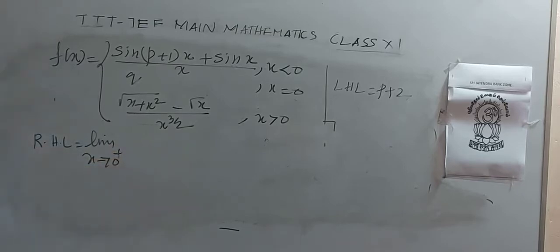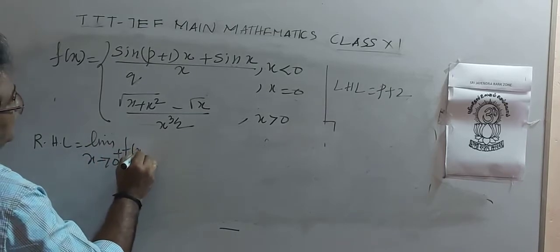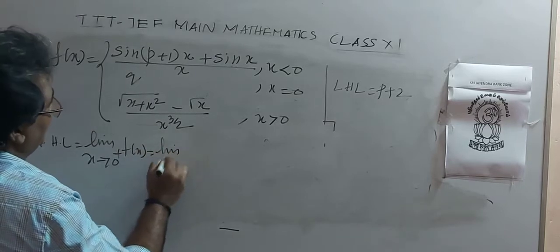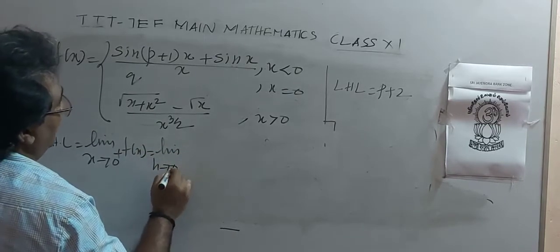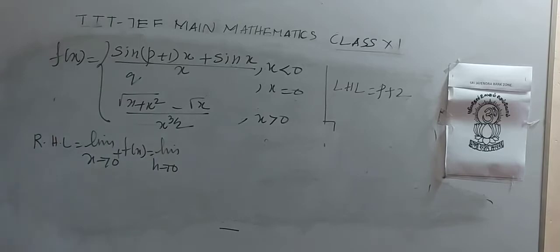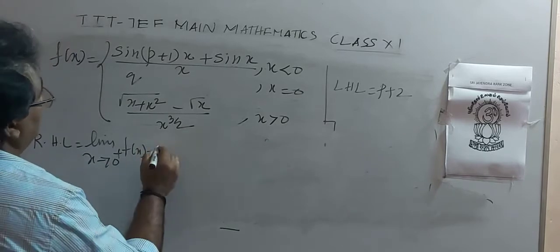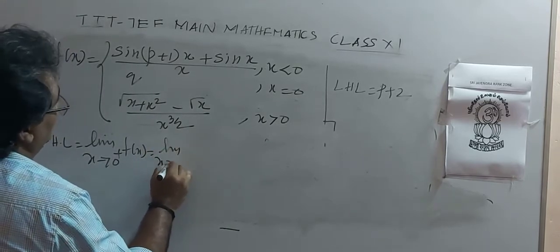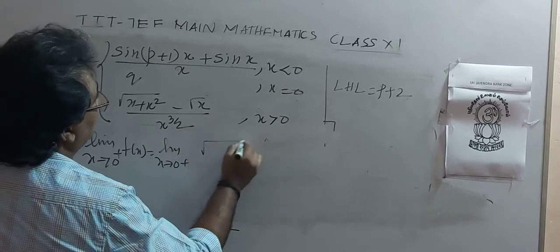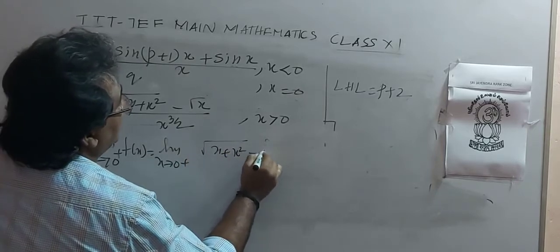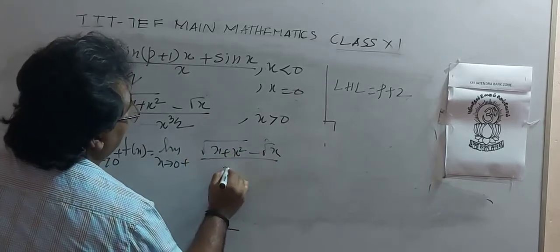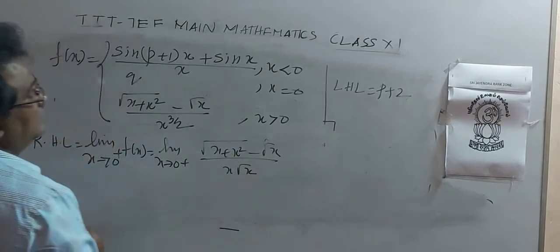Limit x tends to 0 plus f of x equal to limit h tends to 0, equal to limit x tends to 0 plus root of x plus x squared minus root x divided by x into root x.